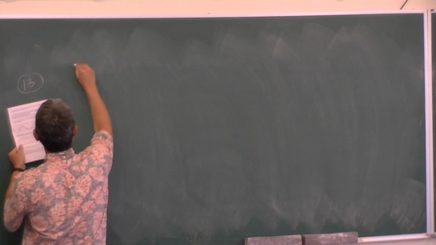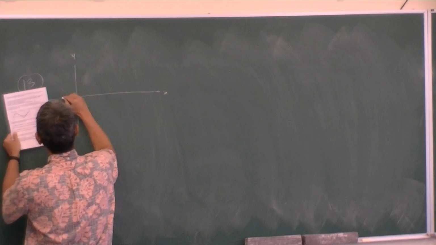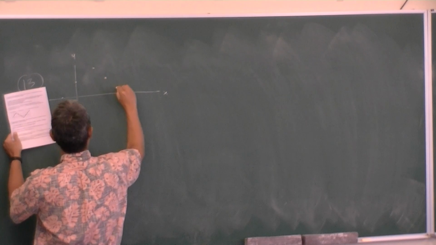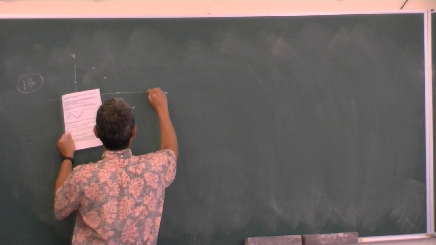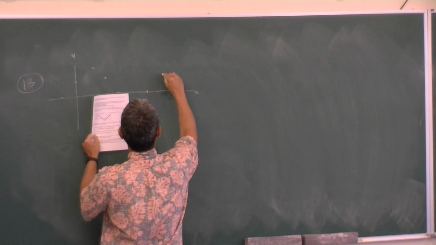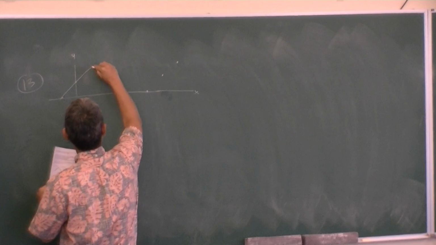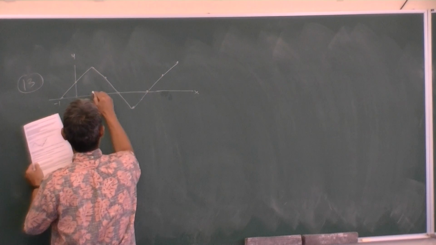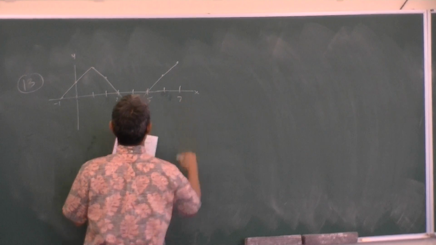Okay, they give you a graph. Not they, I give you a graph. This is -1, 1, 2, 3, 4, 5, 6, 7.